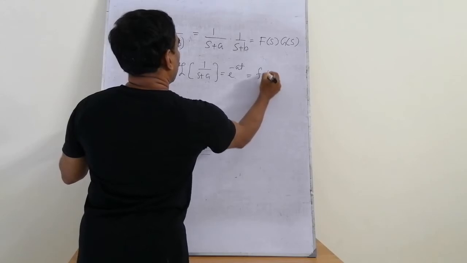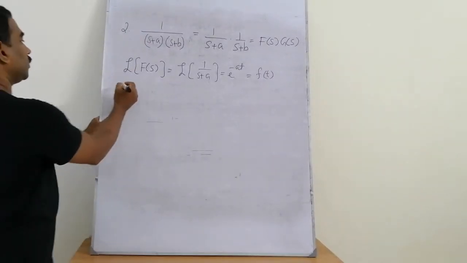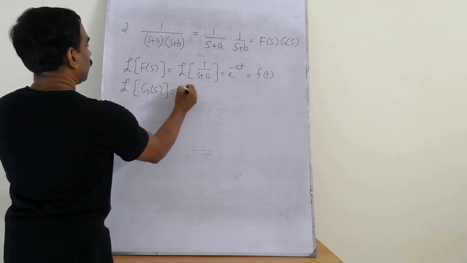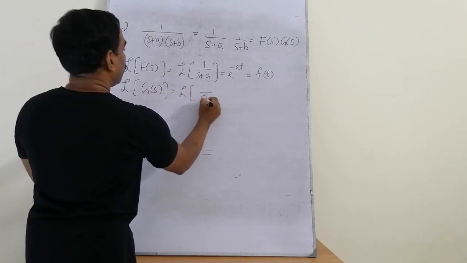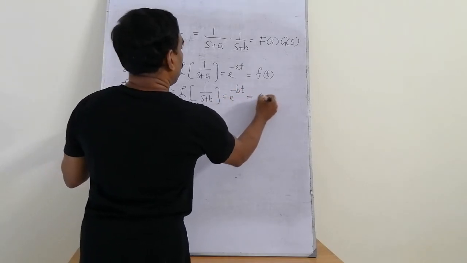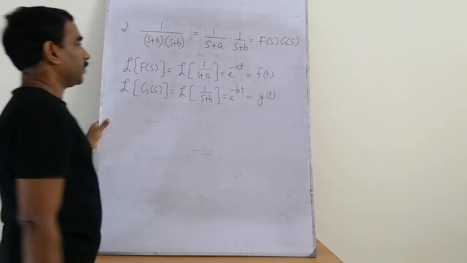Let the function be f(t). And the Laplace transform of G(s), L of 1 by (s plus b), is equal to e raised to minus bt, and we call this function g(t).